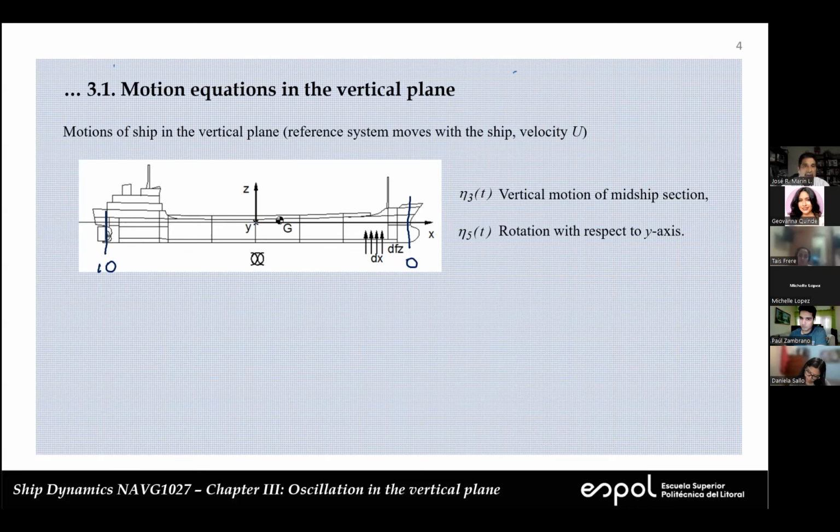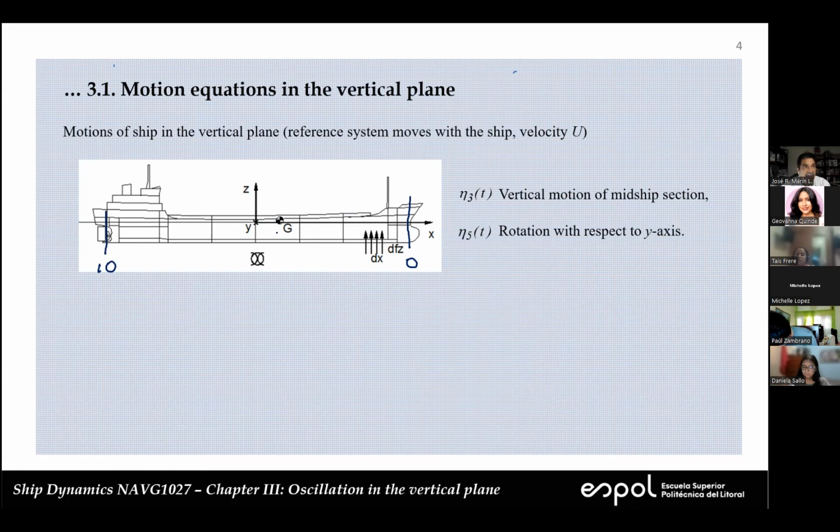So people said, okay, we're going to keep the origin here, and we simply consider that the loading condition will change G, the position of the centroid, and that's it. Okay, now you also see that from here until G, there is some distance in X, and also there's some small distance in Z, okay?